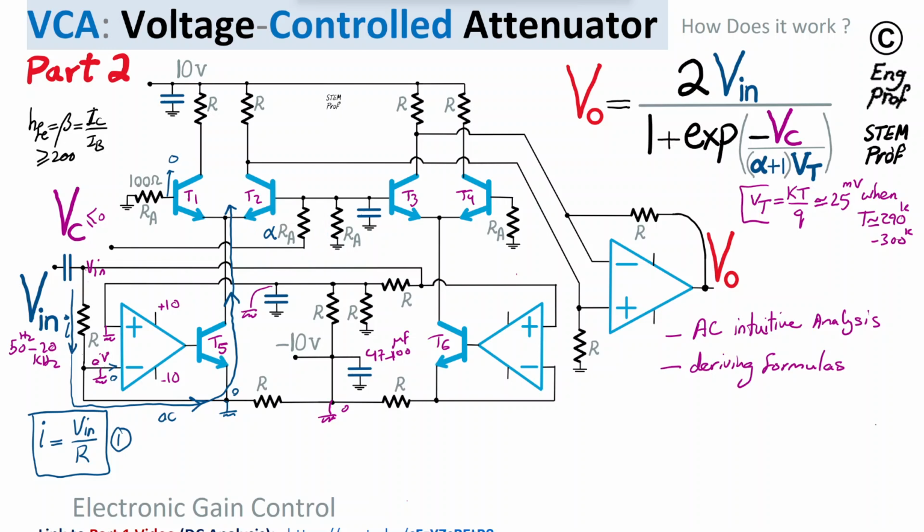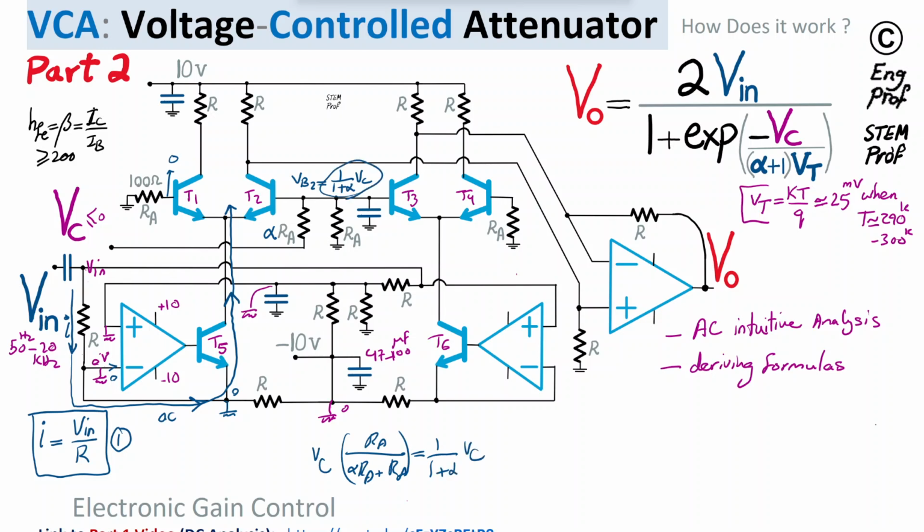the voltage at the base, so V base for transistor T2 will be 1 over 1 plus alpha times VC, and that's just because of voltage division. I'm going to write it here. RA divided by alpha RA plus RA, which becomes 1 over 1 plus alpha, times V control.